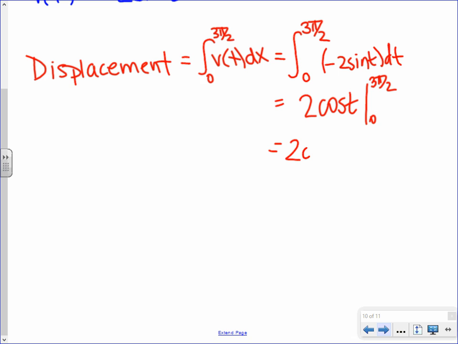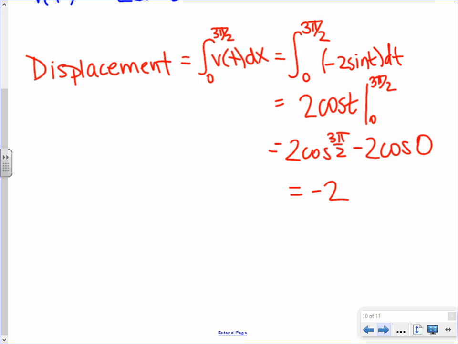So we have 2 times the cosine of 3 pi over 2 minus 2 times the cosine of 0. What is the cosine of 3 pi over 2? What's the cosine of 0?